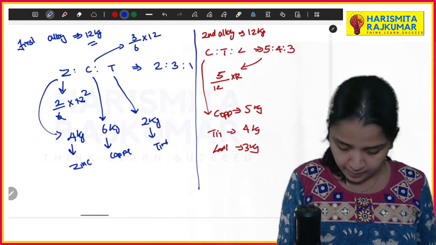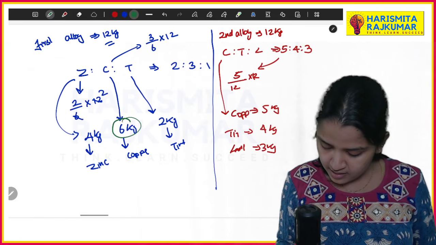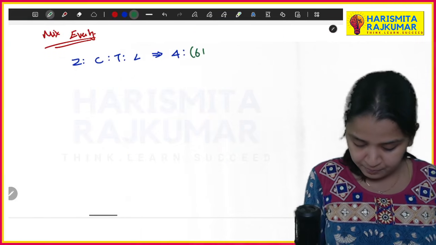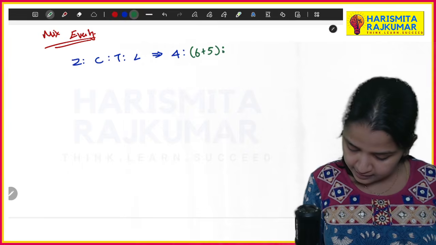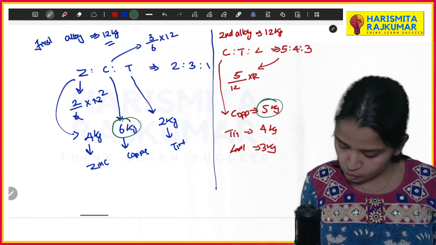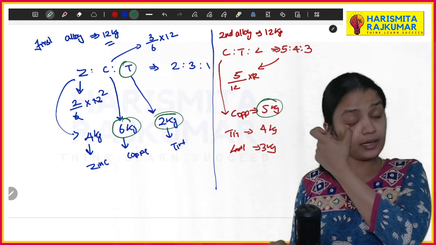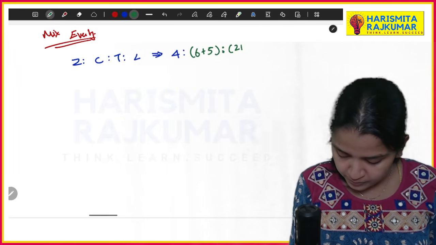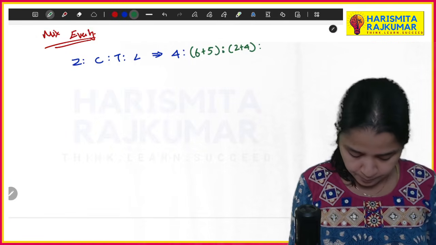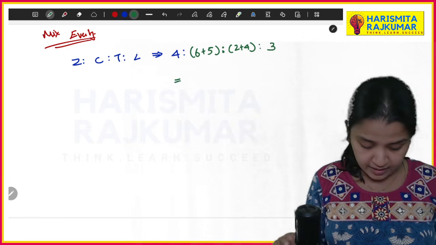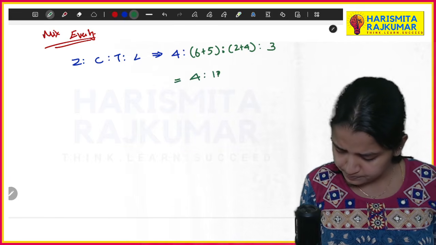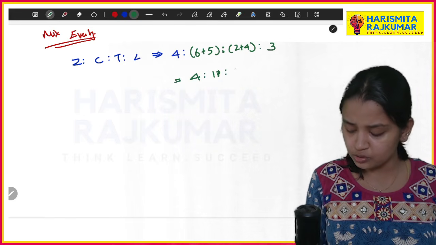Copper I'm having as 6 and 5, so 6 plus 5. Tin I'm having as 2 and 4, so 2 plus 4. Lead I'm just having 1. So the ratio is 4:11:6:3.